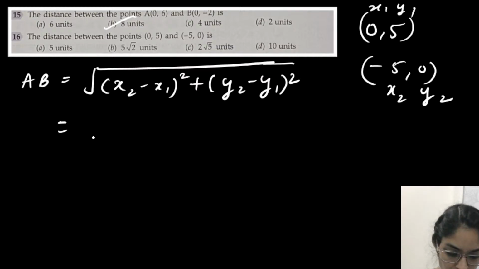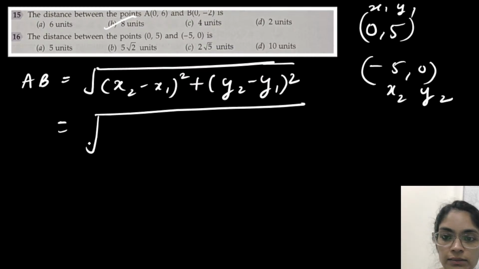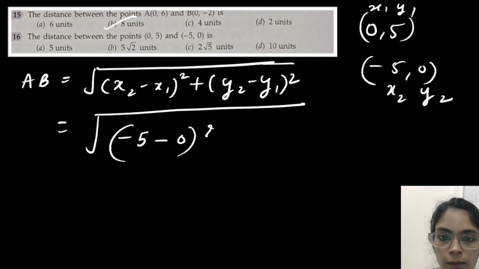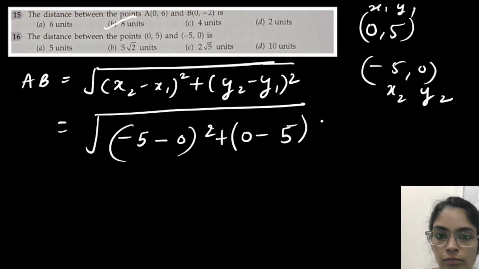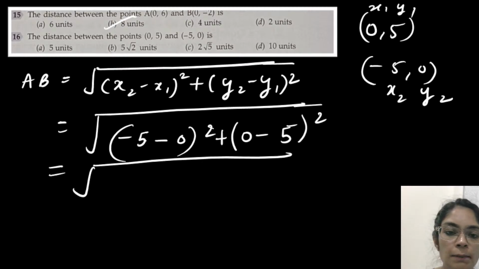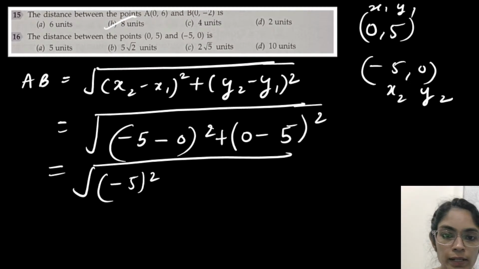Now we just have to substitute. x2 minus x1 is -5 minus 0 whole square plus y2 minus y1, which is 0 minus 5, whole square. So this is -5 whole square plus -5 whole square.